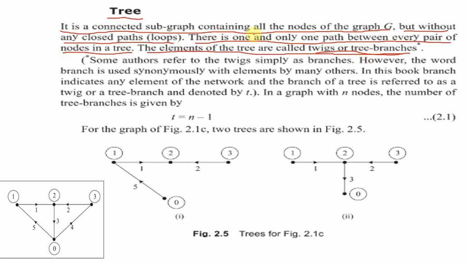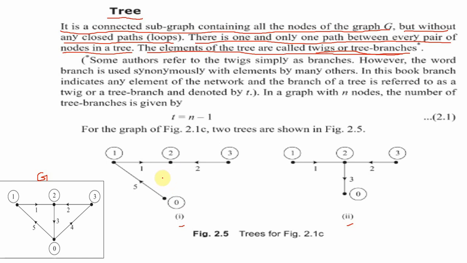So the first condition is, when we say that it is a tree, the subgraph contains all the nodes of graph G but without any closed path. For example, this is your main graph G, and I say that my figure I2 is a tree. On which basis do I say that?